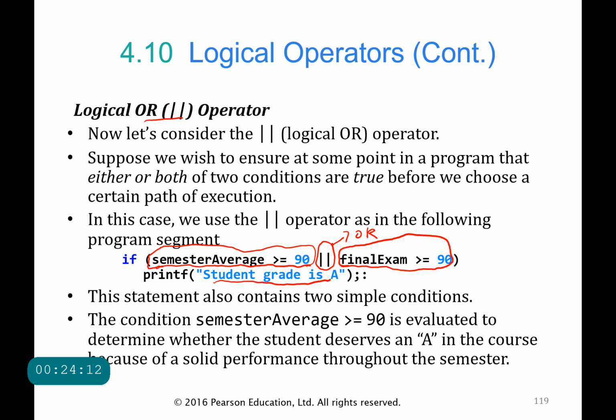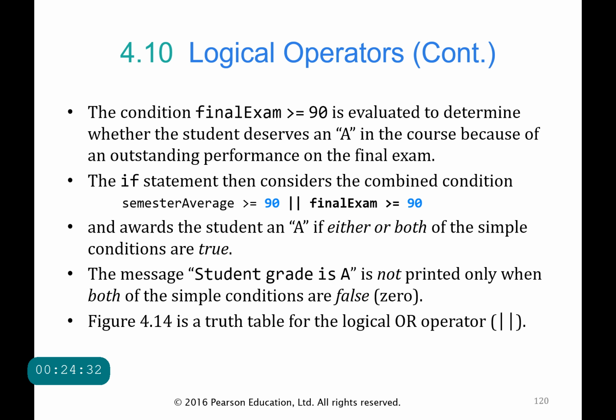And so with the logical OR operator, as long as any one of the two conditions is non-zero or true, the output will be 1 or true. If both are false, then in that case the output will be false.